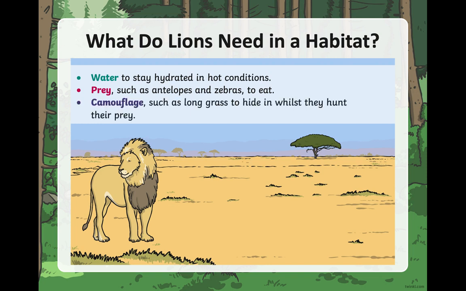So they need long grass to hide in whilst they hunt their prey. They don't need to run away from any other predator. There are no predators that eat lions.